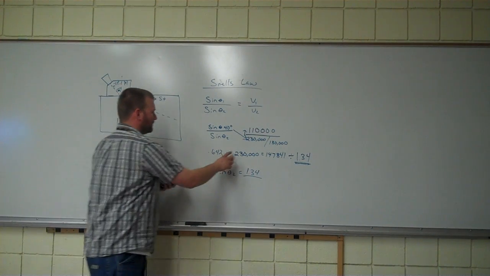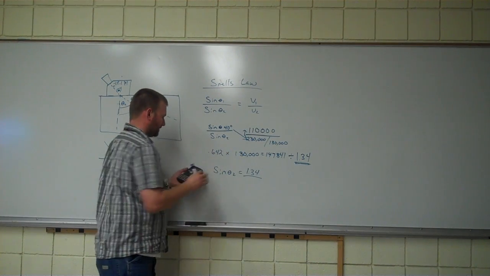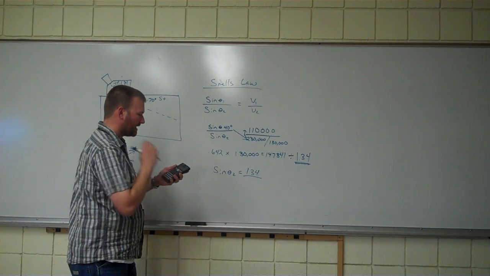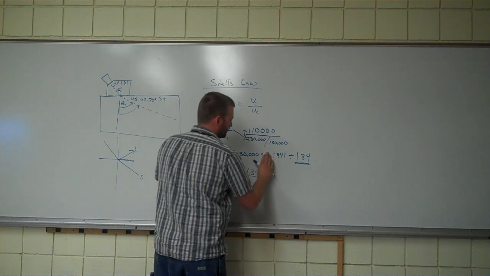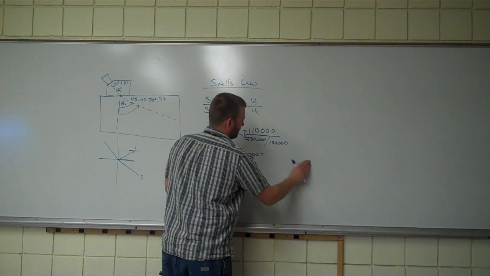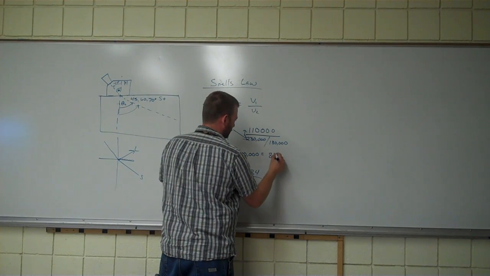0.642 times, instead of 230,000, we're going to say 130,000 this time. That's 83,562. So that's much better. And that was actually wrong, I wrote that wrong.